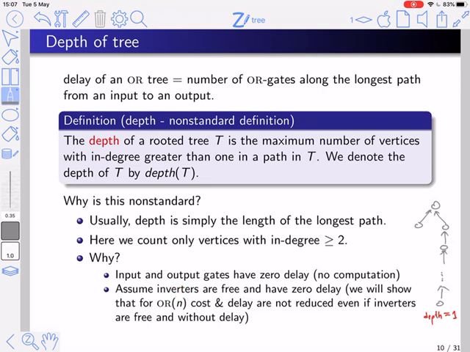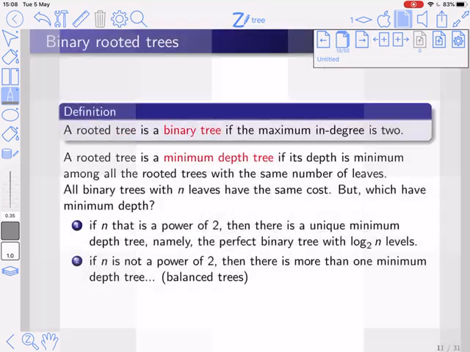So all the proofs that I will show here will in fact work even if you assume that inverters are free. This is a strengthening of the results. It's a nice thing to show that for certain functions, it doesn't help to use inverters in order to compute these functions.